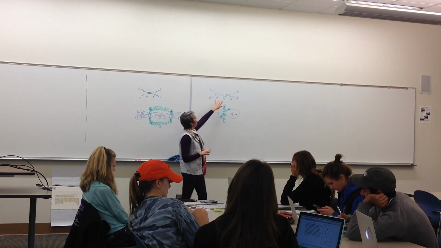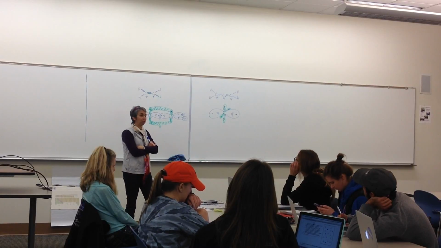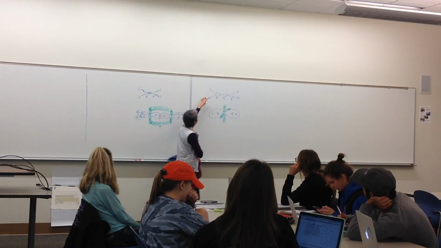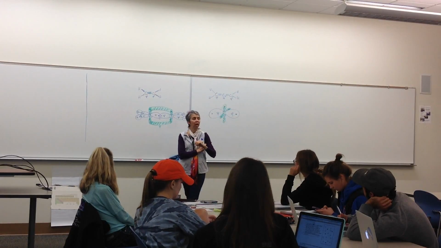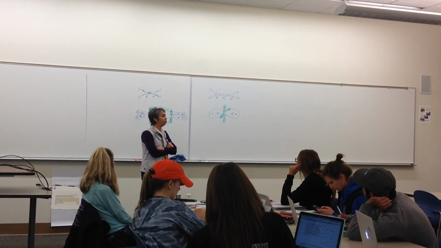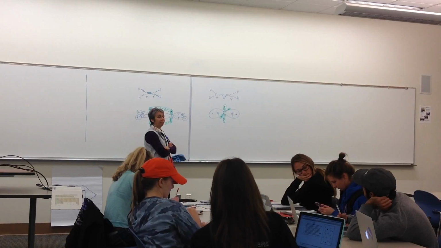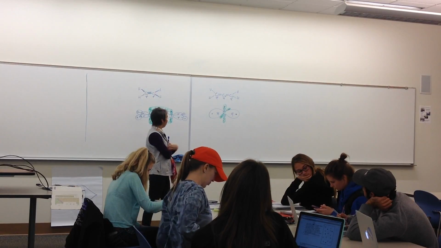So let's go back and ask how many sigma bonds are going to be in this molecule. 6. Let me see if I agree with you. 1, 2, 3, 4, 5, 6. I'll buy that. How many pi bonds? 2 pi bonds. Okay? So let's make sure we draw 6 sigma bonds and 2 pi bonds.